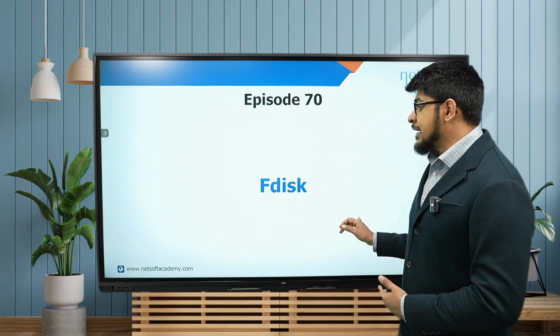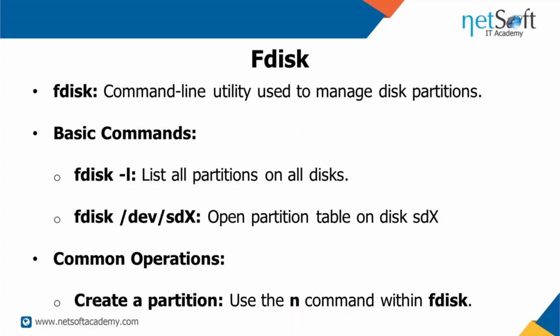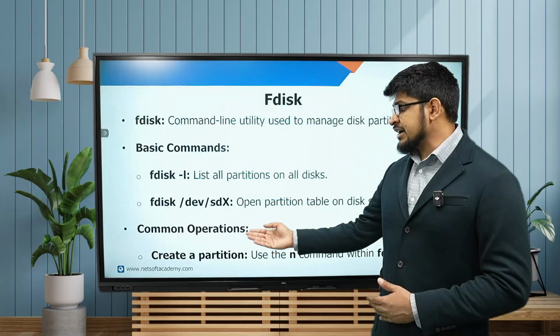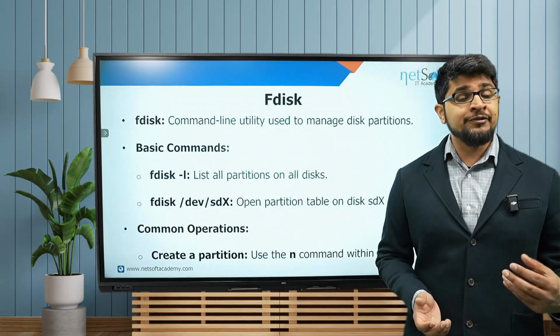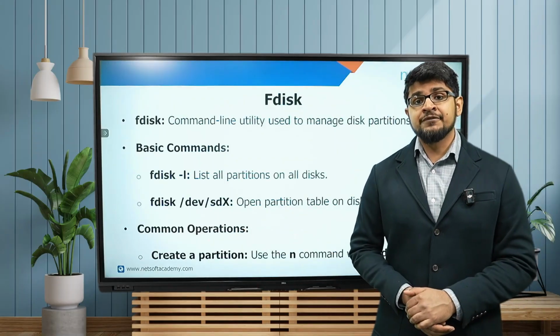Some very basic commands that you're going to use with Fdisk are fdisk -l to actually list partitions on a certain disk, and to start opening and editing the partitioning table, you can simply type fdisk followed by the disk itself, which is going to be found in /dev. So here you see /dev, and sdX is again an example of a name that a disk might have.